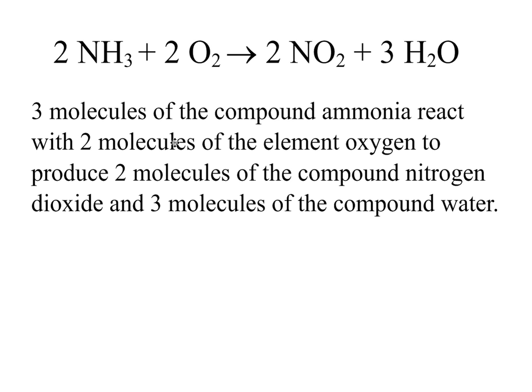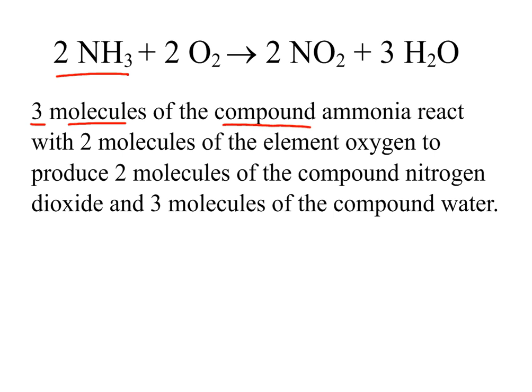So we have 3 molecules of the compound ammonia. So this is ammonia here. Note that we indicated the number of particles, what type of particles, they're molecules, and that ammonia is a compound. Keep in mind that you won't be expected to memorize any names of compounds.